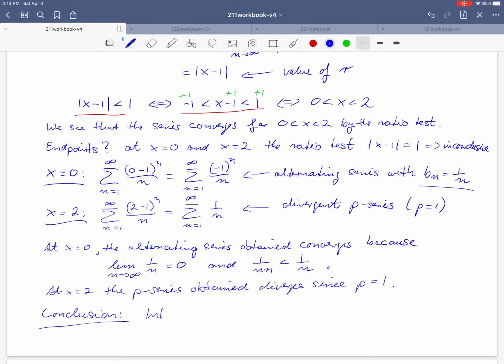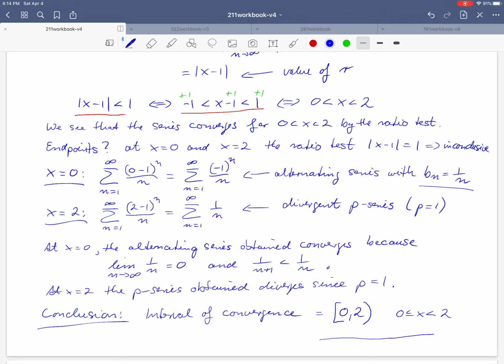Our interval of convergence, well, we already know it goes from 0 to 2, and since we get divergence at 2, 2 is not included, and since we have convergence at x equals 0, 0 is included in our interval of convergence. Another way to write this would be 0 is less than or equal to x is less than 2. So that's another way to write it.